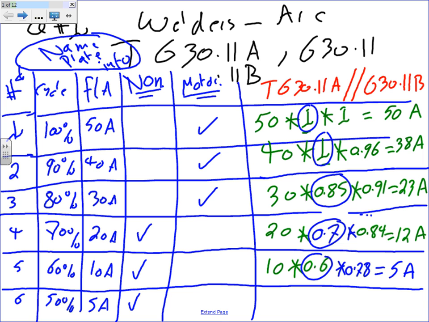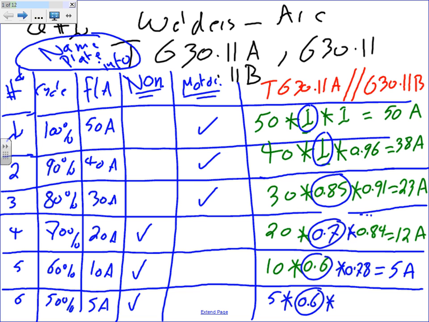The last one, do you guys agree with me that the last one is 5 times what is the group percentage? This one, these circled ones, group percentage 0.6. All of them, after that, it's all 0.6. Multiply this one by the cycle derating factor. They call it the multiplication factor for the arc welder.